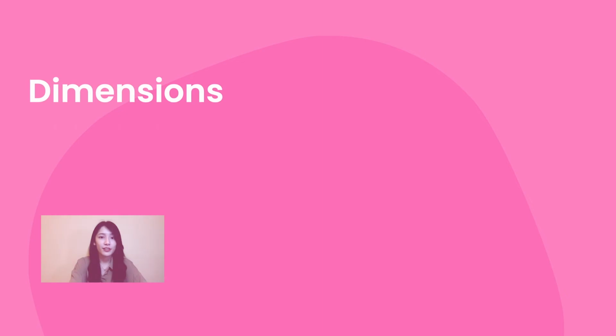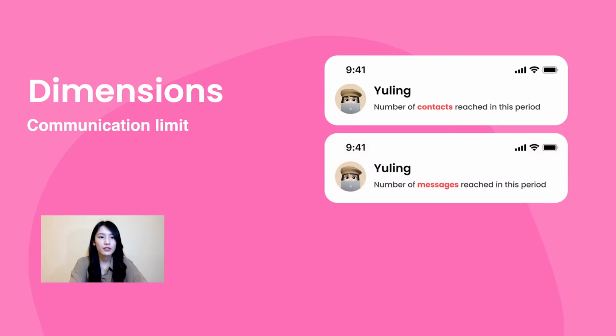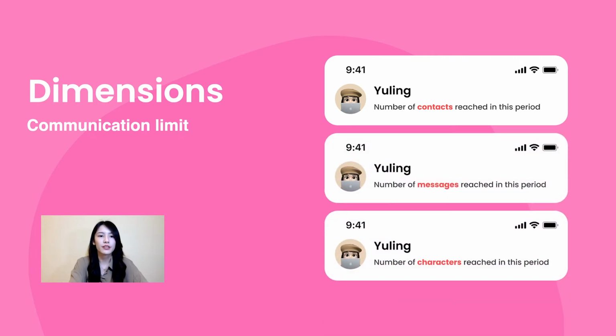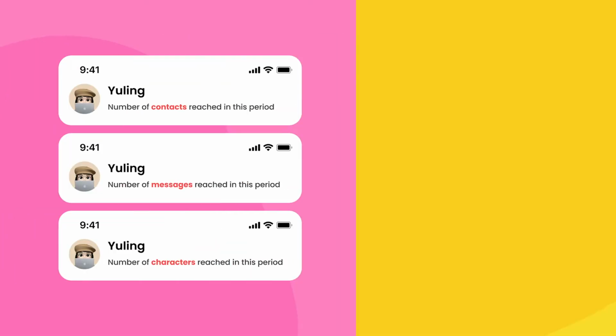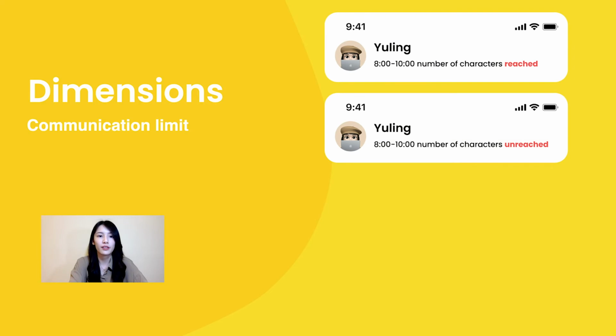And for communication limits, we include the number of contacts with whom they could exchange messages, the number of messages, and the number of characters they could receive. For each limit, the status shows the limit has been reached, unreached, or the number remaining.